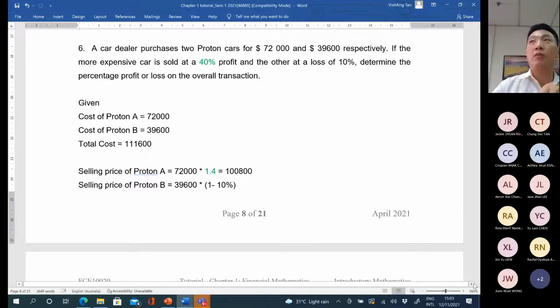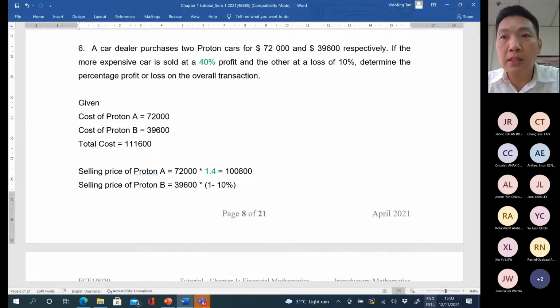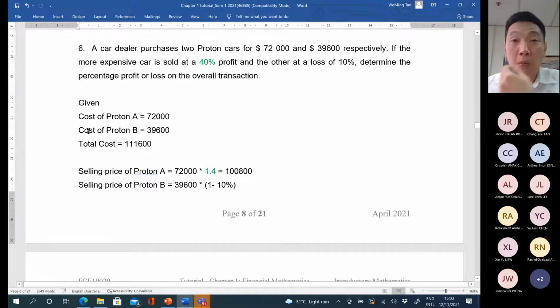The challenge is because this question involves 2 business transactions. A car dealer purchases 2 Proton cars for 72,000 and 39,600 respectively. So that means this is the cost of the car. I can simply give one assumption first.